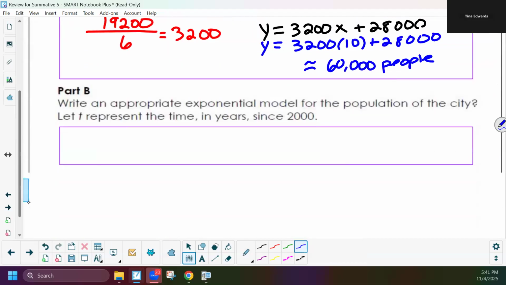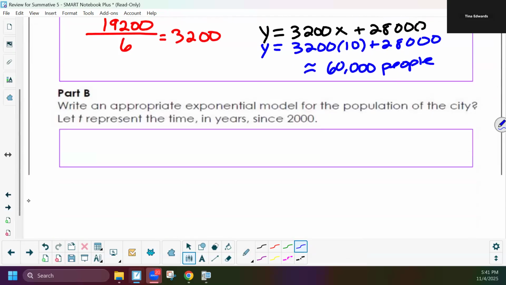All right, this is the one where it gets a little funky. Write the appropriate exponential model for the population. So we're talking about the regular exponential growth model here. So looking at this, we know where it ended. It ended when there was 47,200 people. Okay.